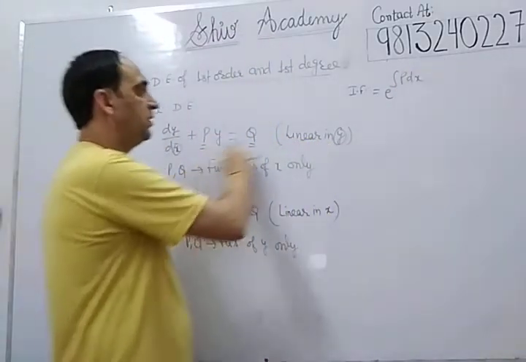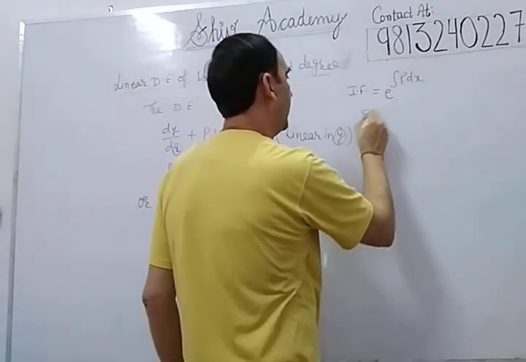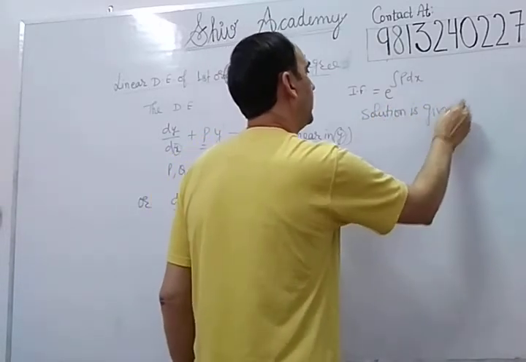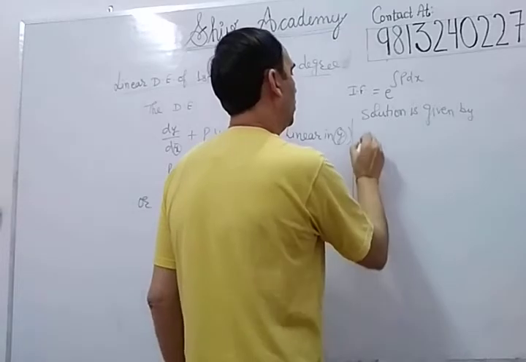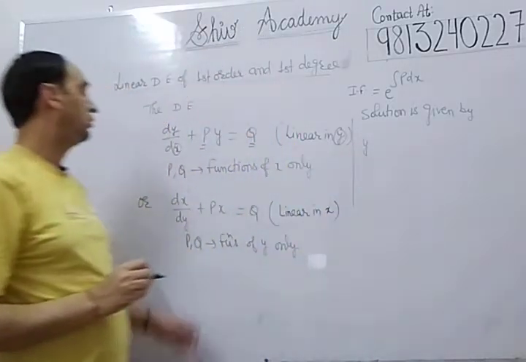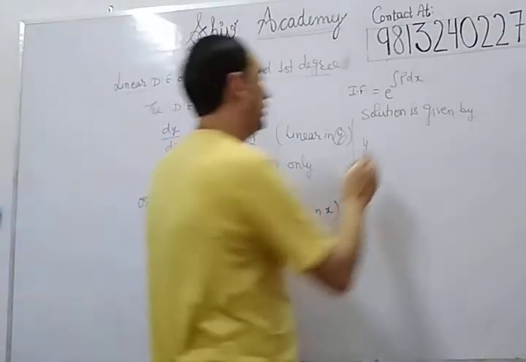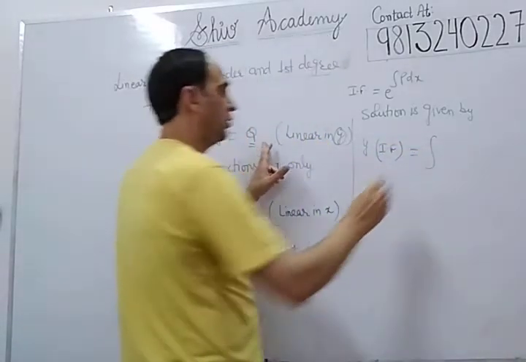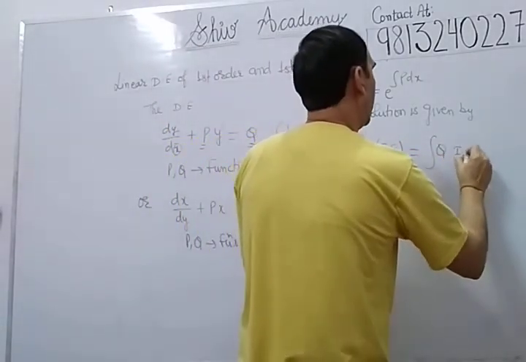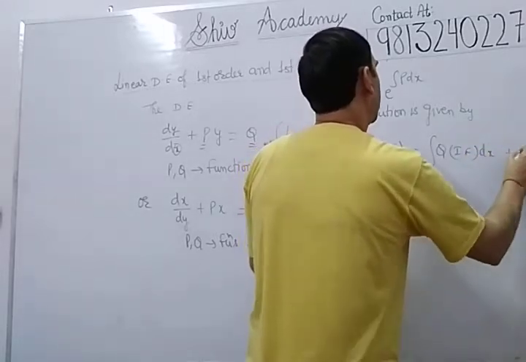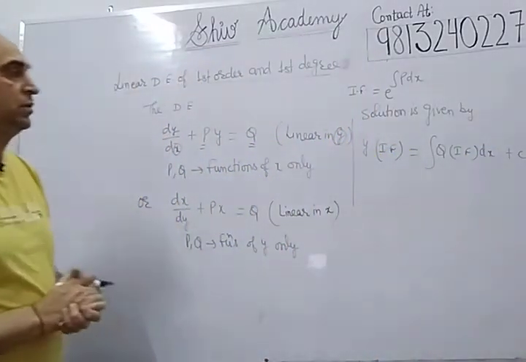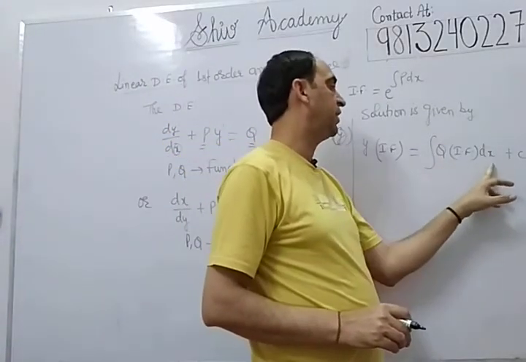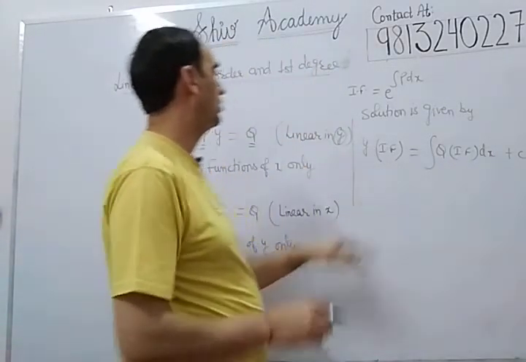The coefficient of y which is p we put here, and the solution is given by y into integrating factor equal to integral of q into integrating factor with respect to x plus c. Y is the dependent variable. Because q is a function of x only, we integrate q into integrating factor with respect to x, and we add c. We get the solution in this case.